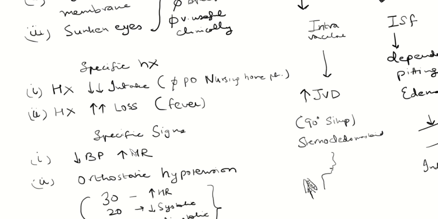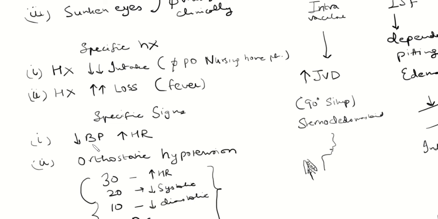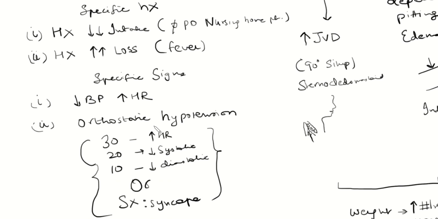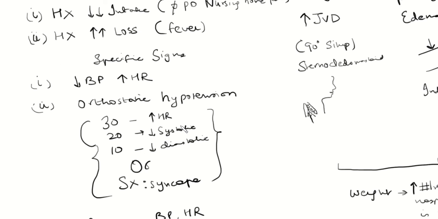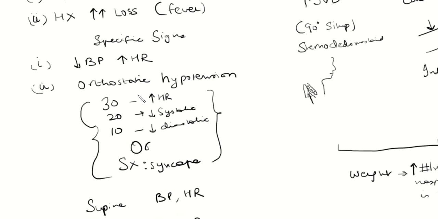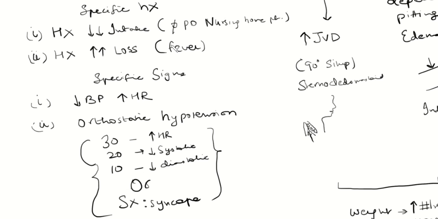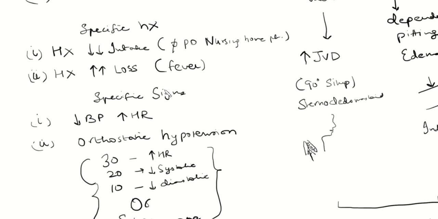And then specific signs, which is blood pressure goes down, heart rate goes up. So attach that low BP, high heart rate, or high pulse to the specific history and orthostatic hypotension. So if you can do that on the patient, this is something to do clinically, which would shore up your diagnosis if you're still not sure whether the patient is hypovolemic or not: orthostatic hypotension.